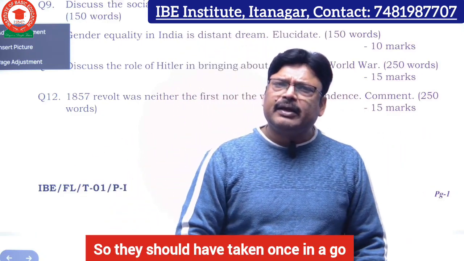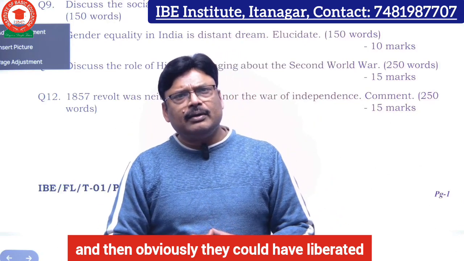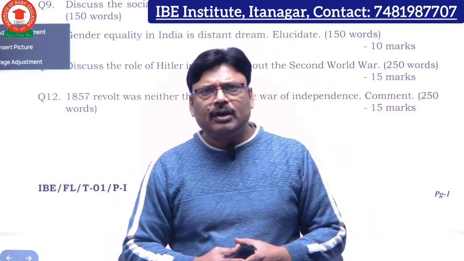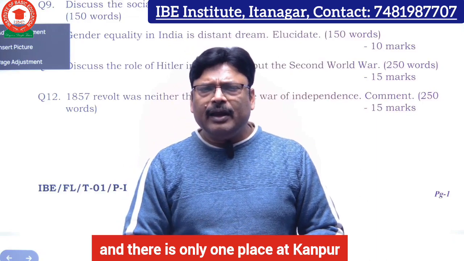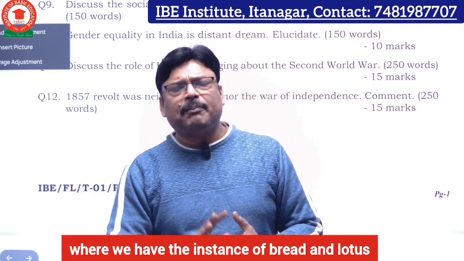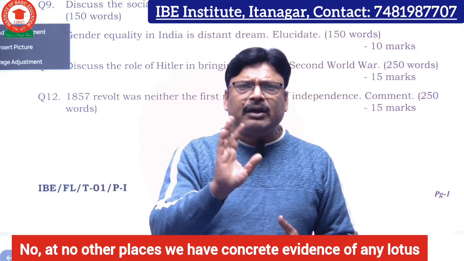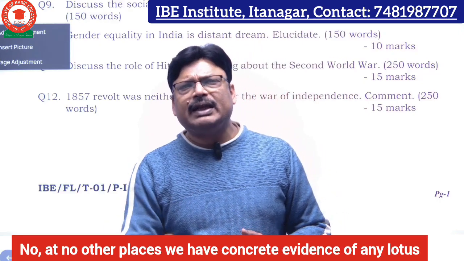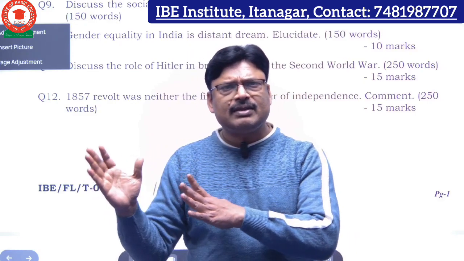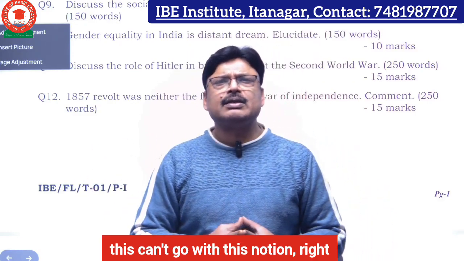They should have risen once in a go, and then obviously it could have liberated the area from the British. So there was no planning, and there is only one place, Kanpur, where we have an instance of bread and lotus. At no other place do we have concrete evidence of any lotus and bread. So this is contested. This can't go with this notion, right?